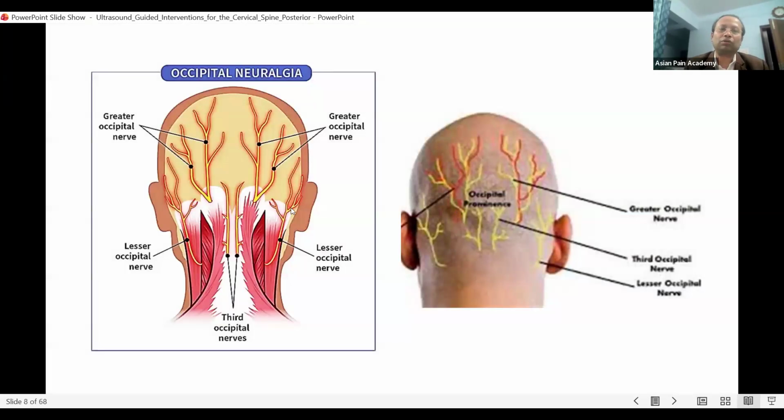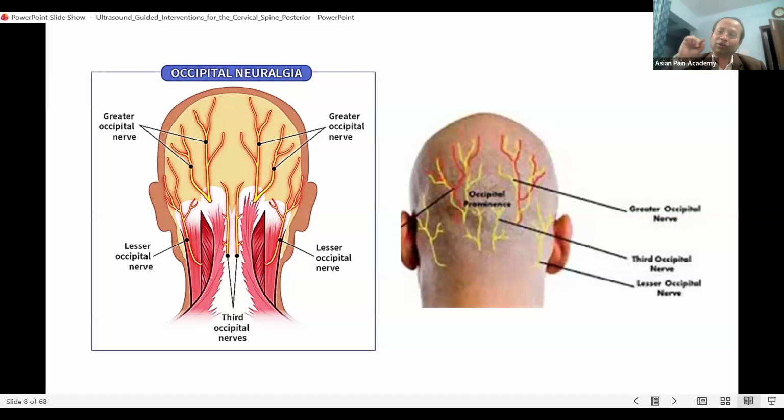Occipital neuralgia, as I told you, can be of two main types: lesser and greater occipital neuralgia. In earlier days we used to palpate: we made an imaginary line from the occipital protuberance to the mastoid process and divided it into three equal parts. At the junction of the medial one third and lateral two thirds is the location of the greater occipital nerve.